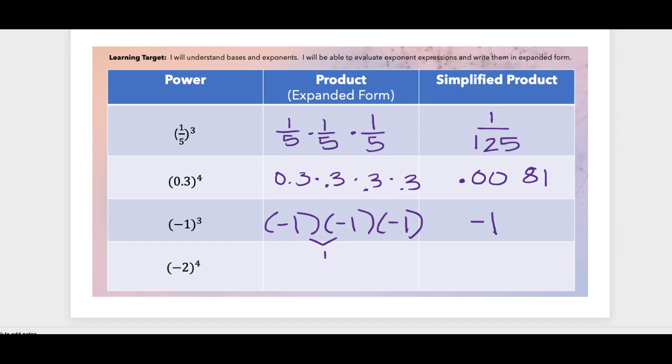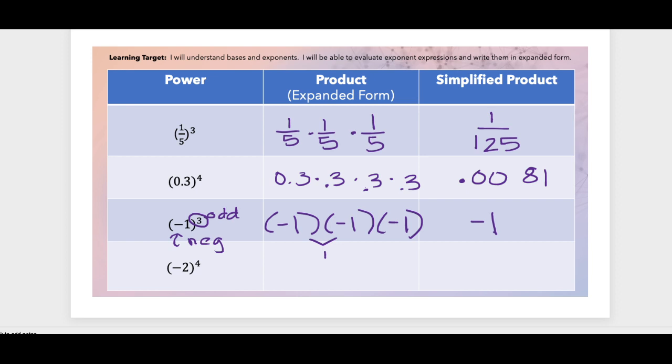So I just want you to notice that because I have a negative base number, in this case it's a -1, and I'm raising it to a power of 3, or the 3rd power, which is an odd number, I'm going to end up with a negative product. Okay, that would be the case for any base number that's negative. Remember, the negative has to be with the number inside the parentheses, and the exponent has to be an odd number in order for you to end up with a negative product.